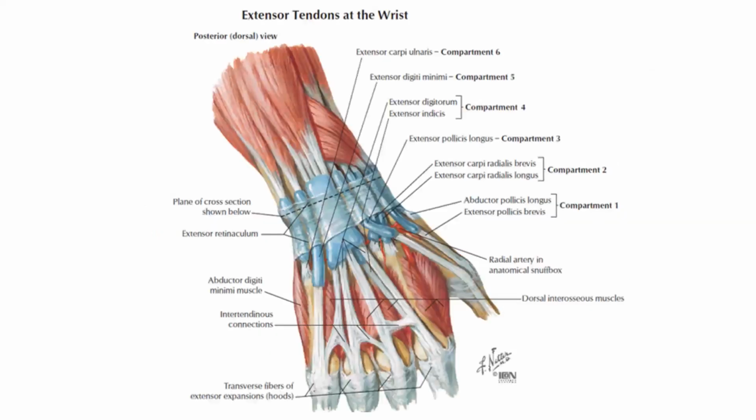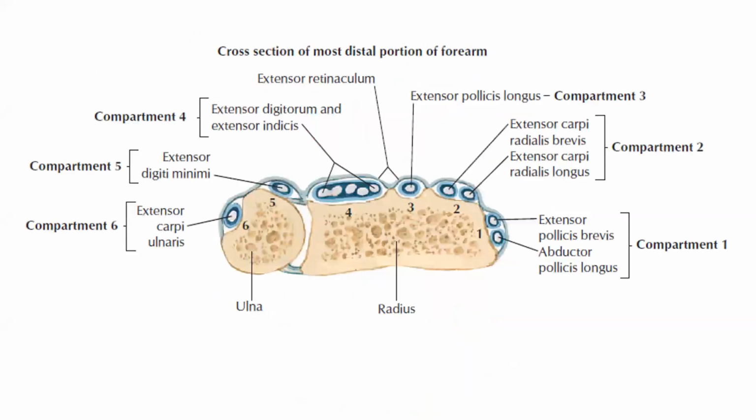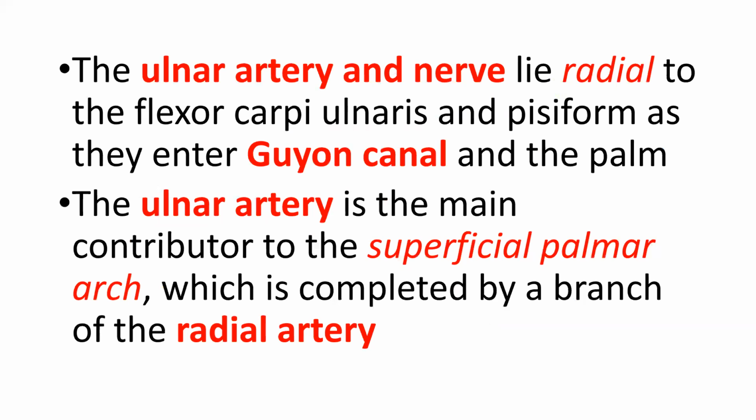This is the extensor tendons, as I spoke to you about before. Likewise, the ulnar artery and nerve lie radial to the flexor carpi ulnaris and pisiform as they enter Guyon's canal.